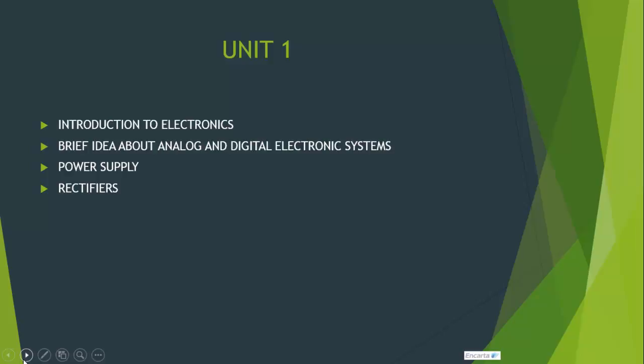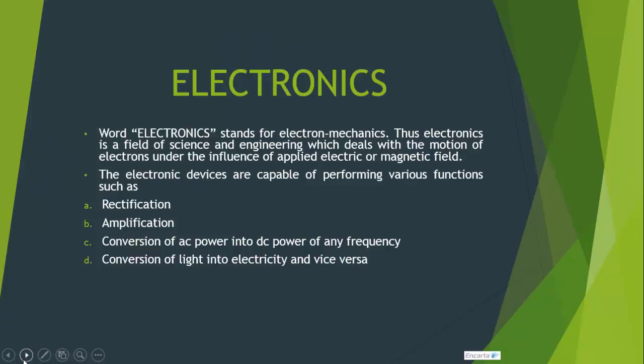The word electronics. Basically, what do you mean by the word electronics? It stands for electron mechanics. Thus, electronics is a field of science and engineering which deals with the motion of electrons under the influence of applied electric and/or magnetic field.